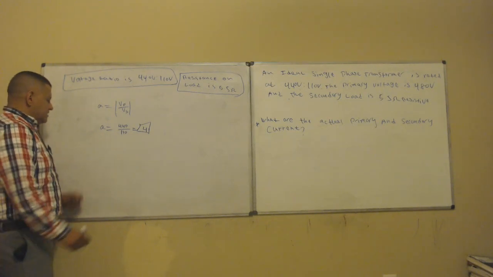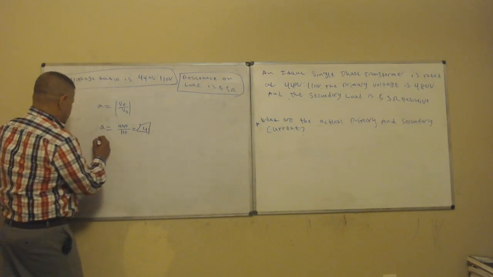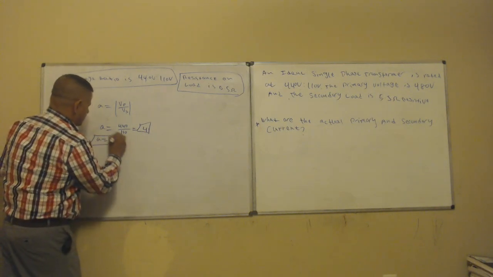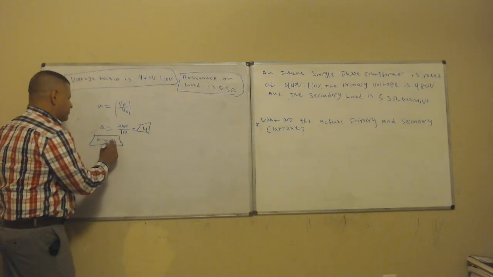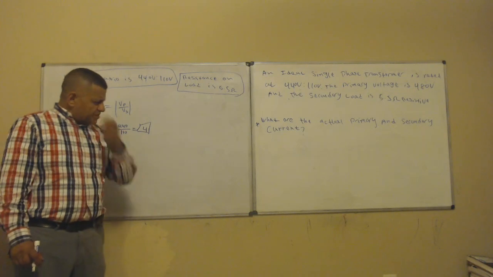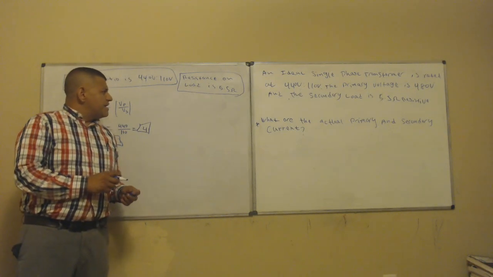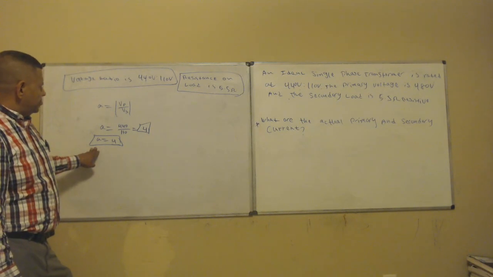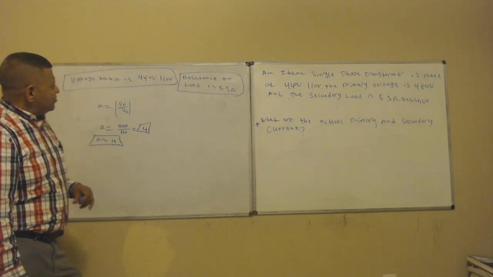Now, A is equal to 4, right? If A is equal to 4, then we know something already. What else can we do?